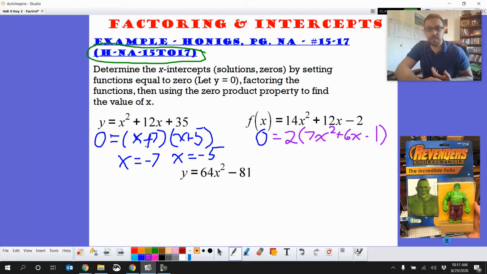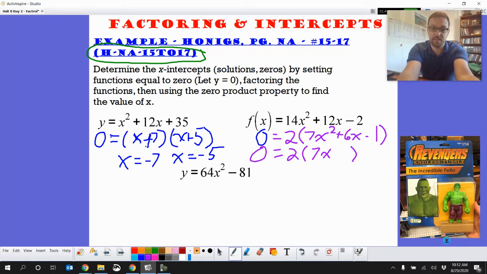And we're going to use what we did before, a little bit backwards, since now we've got the 1 here instead of there. In the last one, we had the 1 at the beginning and a number at the end. We're going to use that same idea. We want something that multiplies to be 7 and subtracts to be 6. Well, 7 and 1. So we've got 0 equals 2, and we're going to keep the 7 with the x.